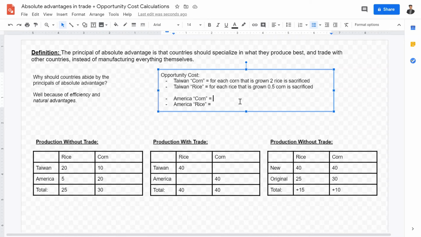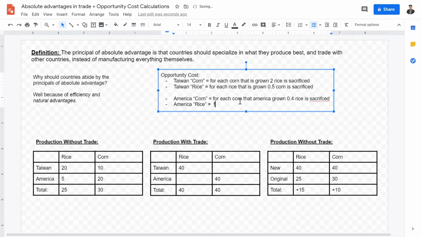For America, without trading, for each corn that America grows, 0.4 rice is sacrificed.